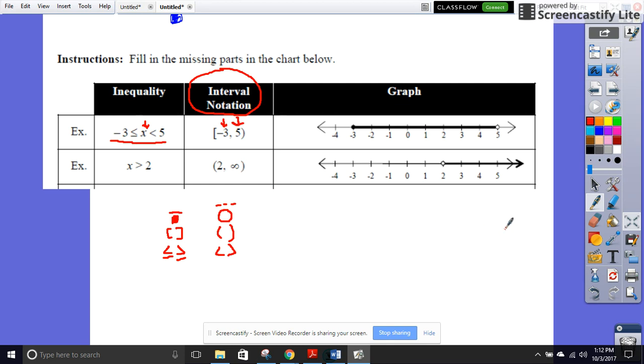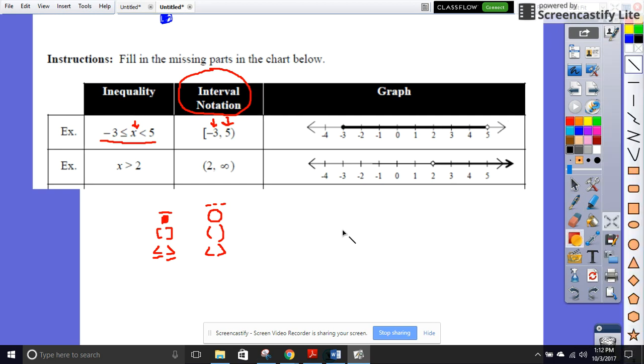Okay, so let me see if I can remember how to get, I just want a straight line so I can do a number line. Oops, let me do an up and down line. Up and down line right here. Up and down line right here.